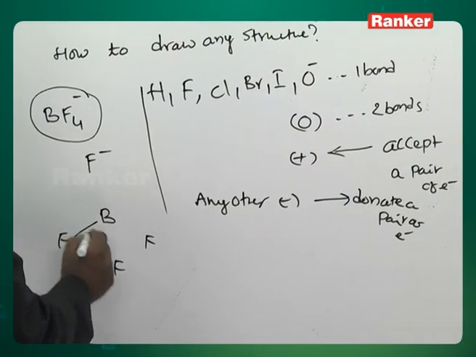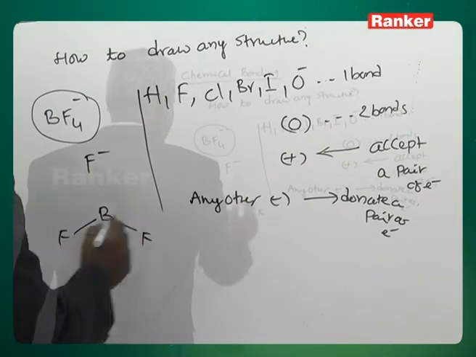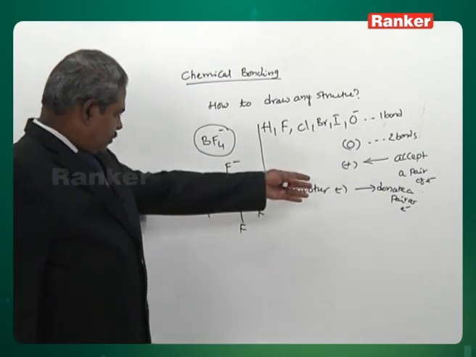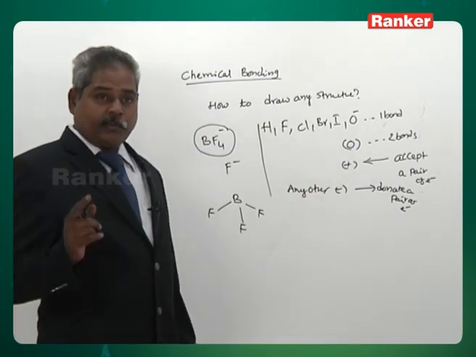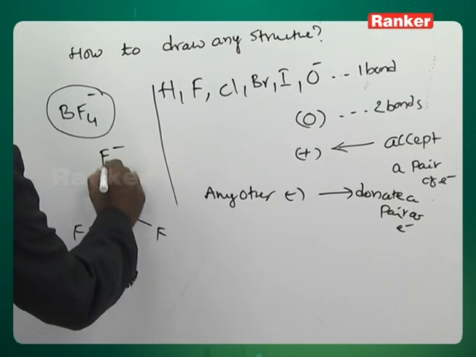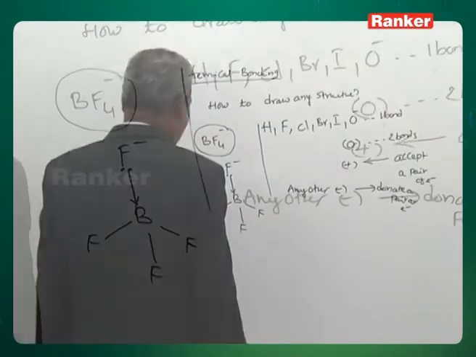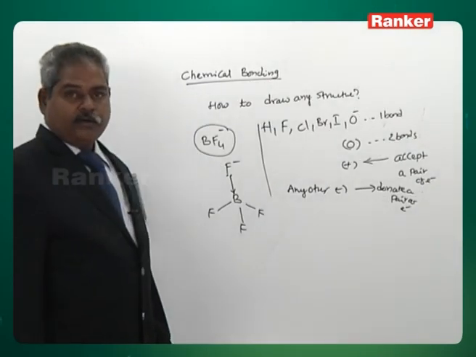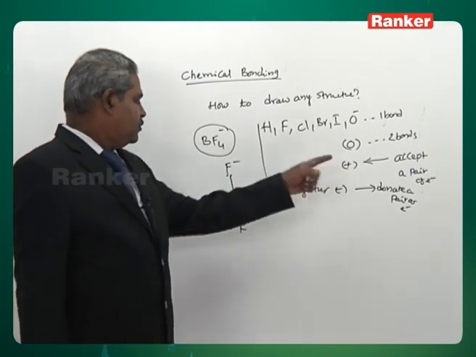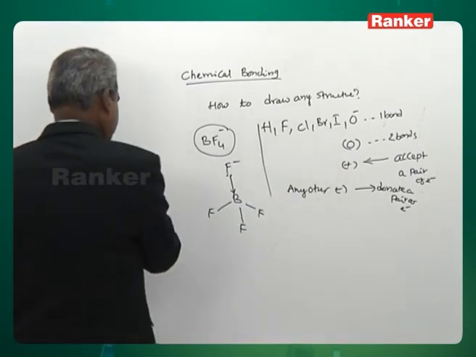Fluorine forms 1 bond. F minus, what is the role of minus in a group? Whenever there is a minus, it donates a pair of electrons to the central atom. And this is called a coordinate covalent bond. Whenever somebody is donating a pair of electrons, so BF4 minus.